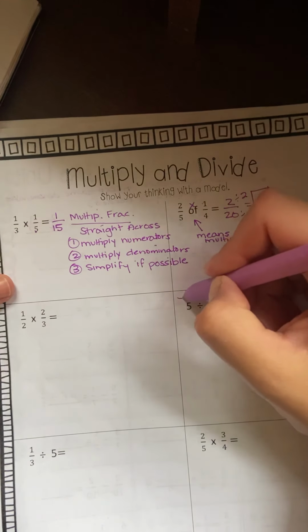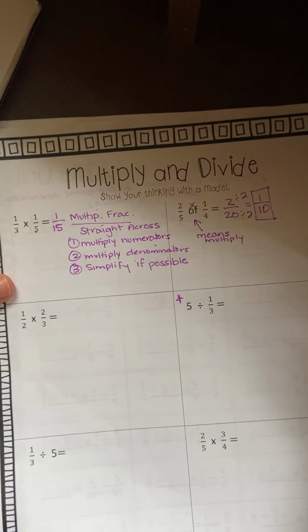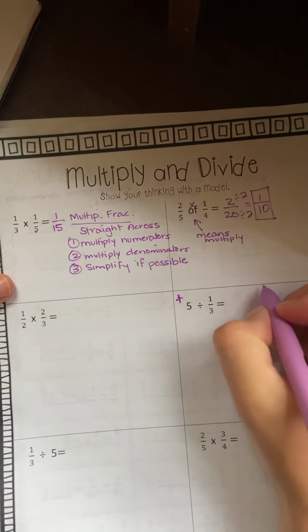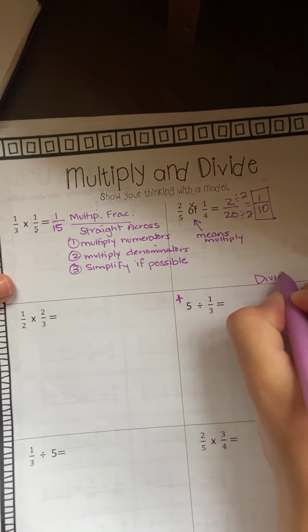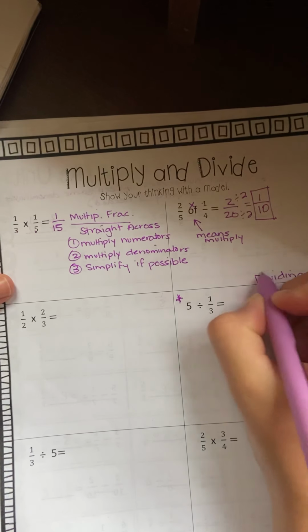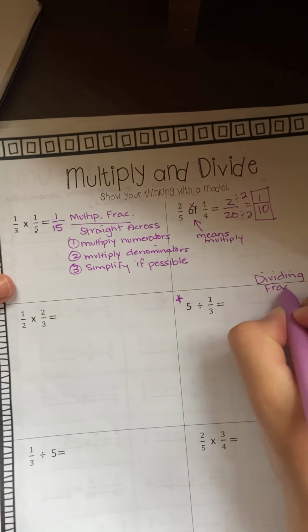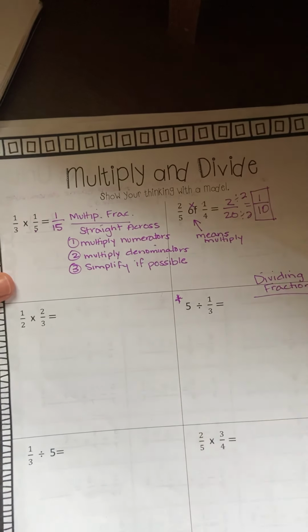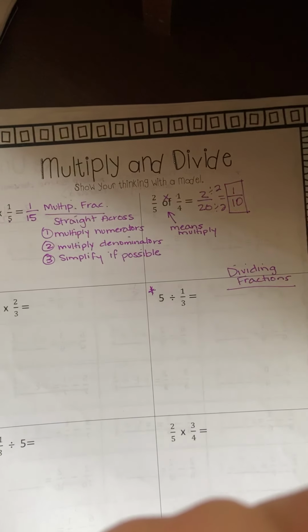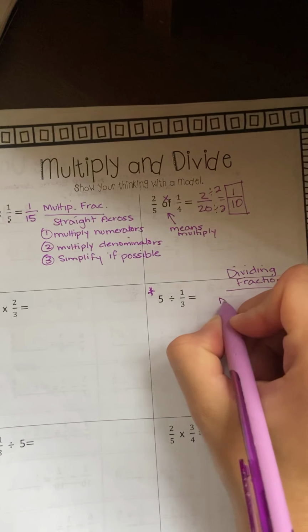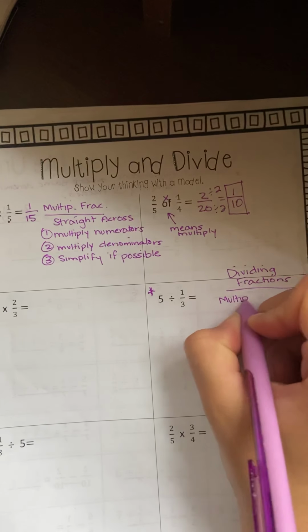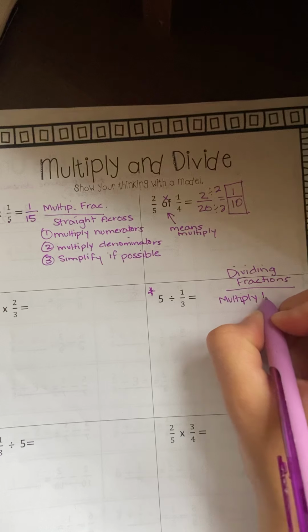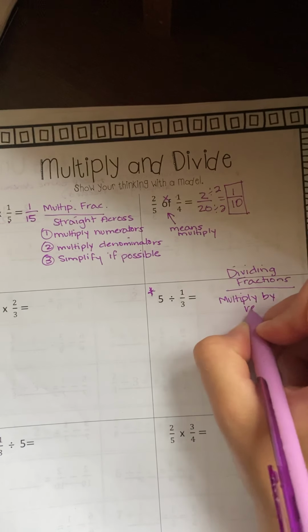So I'm going to move on to this one right here. The way that we make dividing with fractions easy is by, I'm going to make notes here, dividing fractions, in which case we, let me move this over just a bit, multiply by the reciprocal.